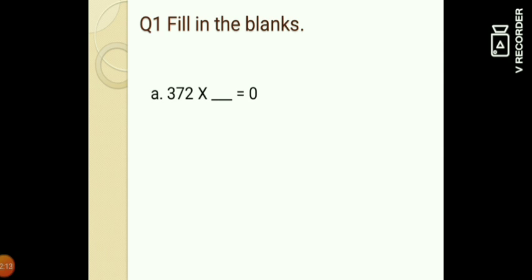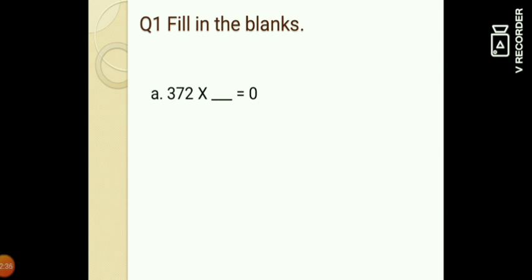See, this is the question from our course book. They are asking what number must be multiplied to 372 so that we can get the answer 0. Can you tell me? Yes, it is related to the property which we have learned earlier.